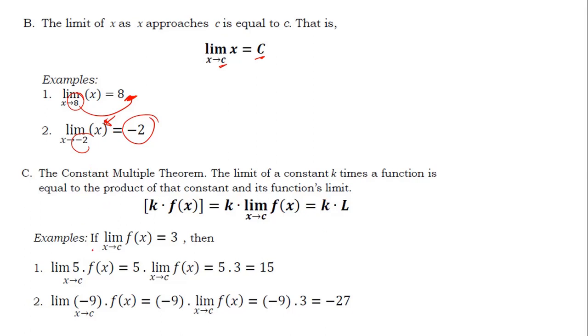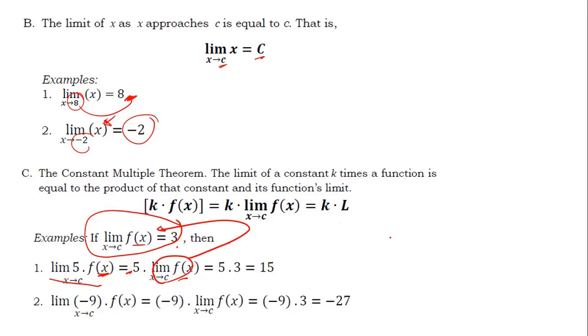For example, if the limit of f of x is equal to 3, so for example, the limit of the function is given as 3, then the limit of 5 times the function, okay, is 5 times the limit, which is 3. So, just simply multiply, no?